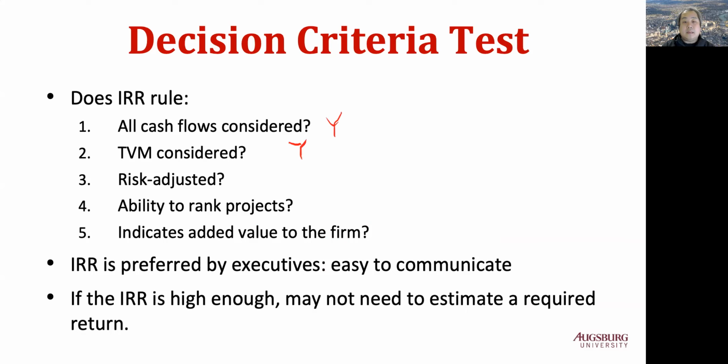IRR itself is a discount rate to get a present value. Third, what about the risk? Same as NPV, required rate of return represents the level of the risk of the project. If a project gets riskier, you can increase R and possibly make a different decision.